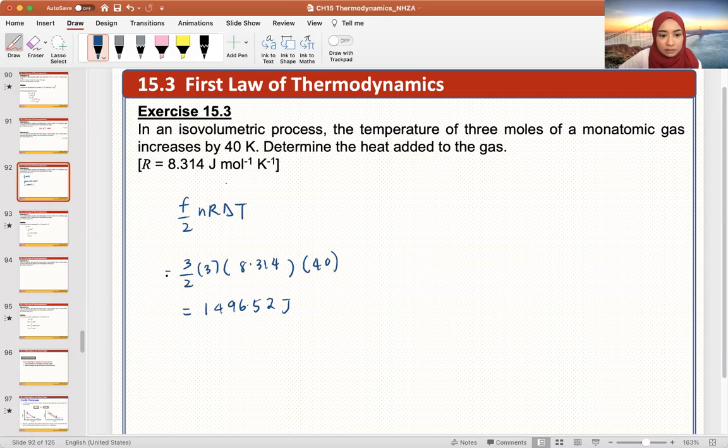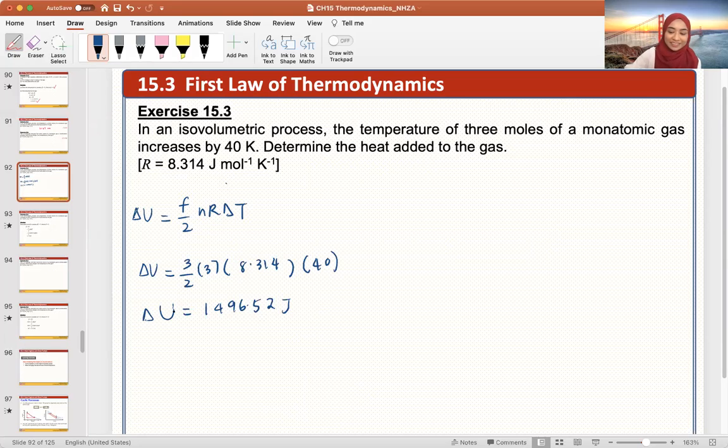What is this? Delta U. Delta U, okay. So this is delta U. So what is the heat added to the gas? Okay, Afrina, are you there?